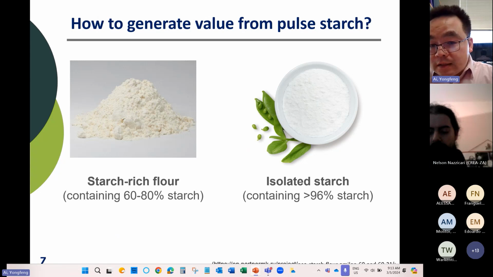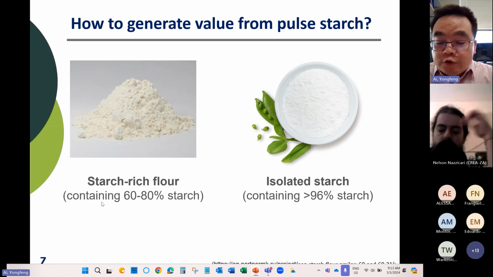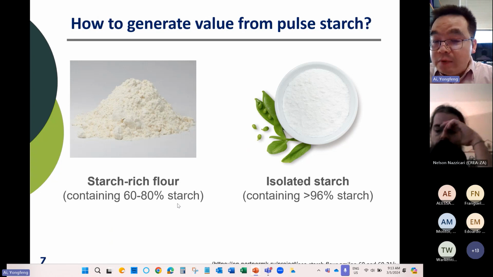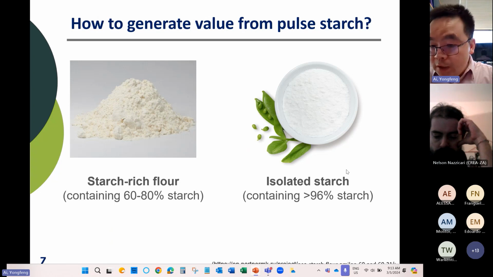So this starch can come in 2 forms. One is, as I mentioned, from the dry fractionation, we can have the starch-rich flour. Usually they contain about 60 to 80% starch. And we can also have the isolated starch. They have a much better purity. Usually we look at more than 96%.